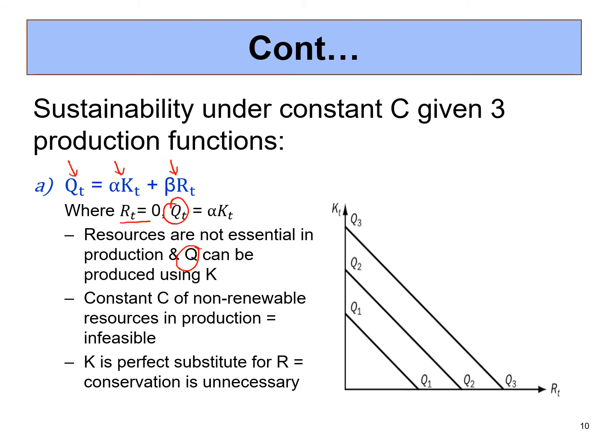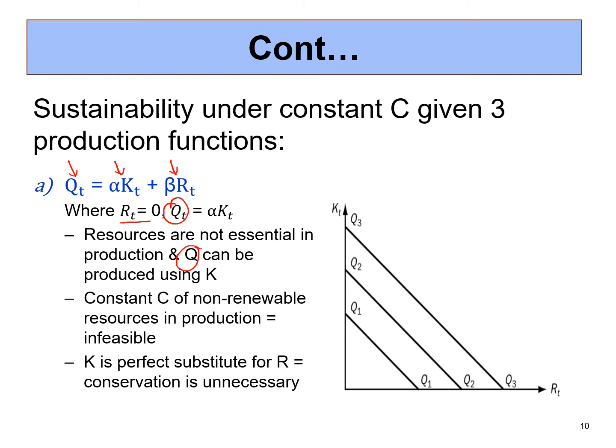So in other words, we can say that constant consumption of non-renewable resources in production is not feasible, right? Because the output can also be produced using capital only. So K or capital is a perfect substitute for resources, and conservation of resources is not necessary.